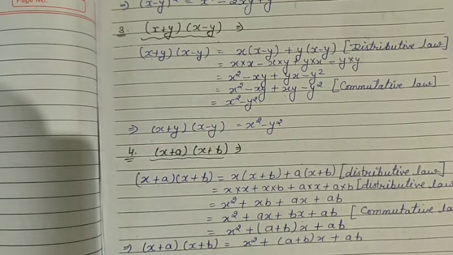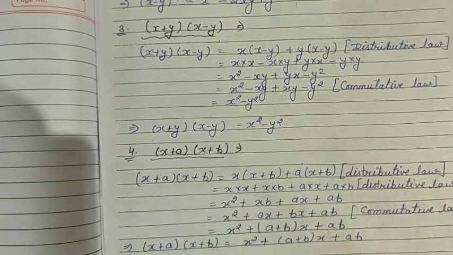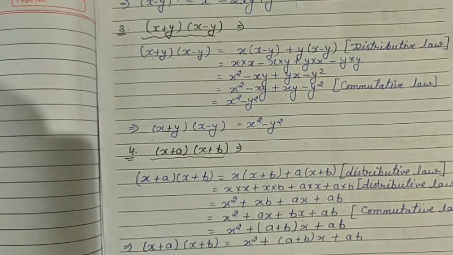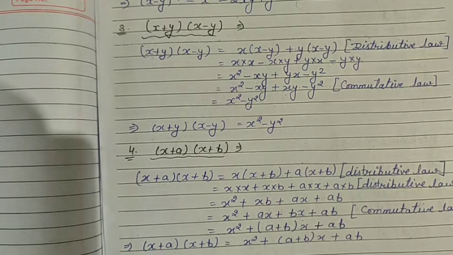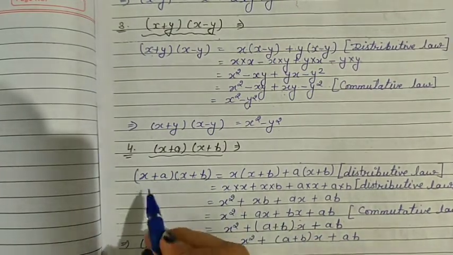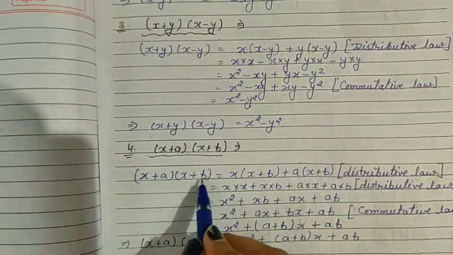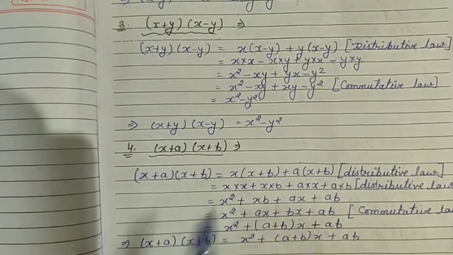Now our fourth identity, x plus a into x plus b, that is equal to x square plus a plus b into x plus a into b. So x plus a, x plus b. Firstly we will multiply x by x plus b, then plus a will be multiplied by x plus b.